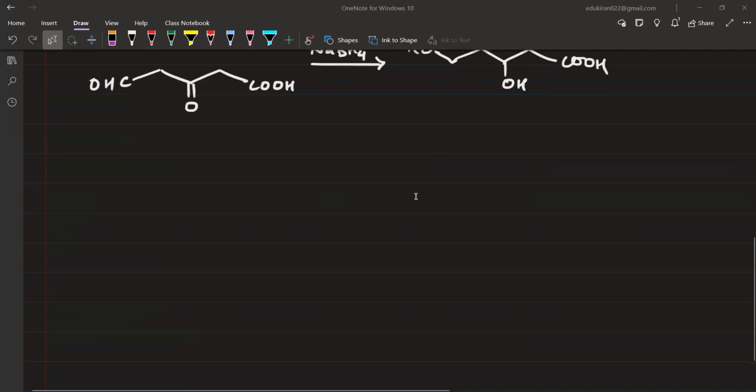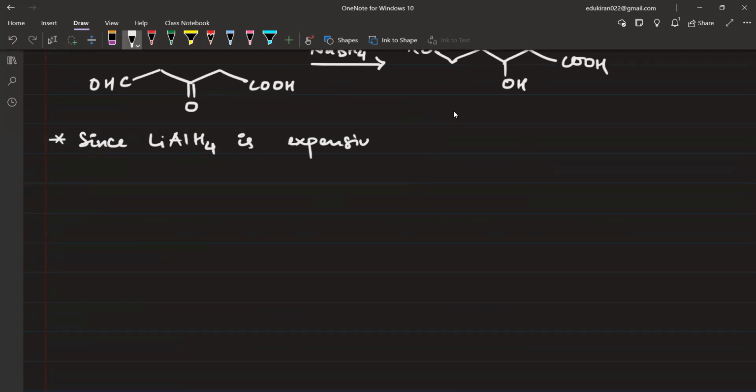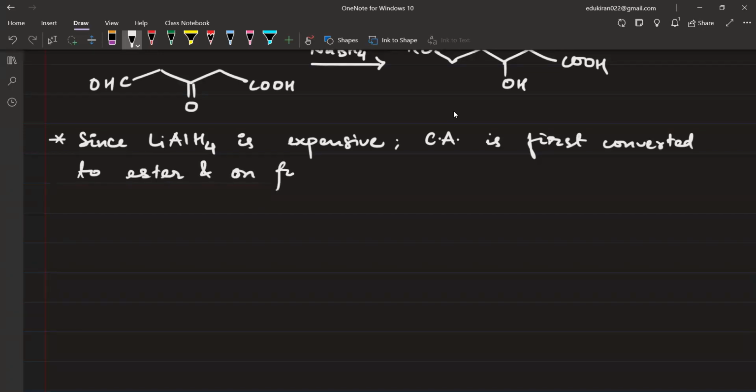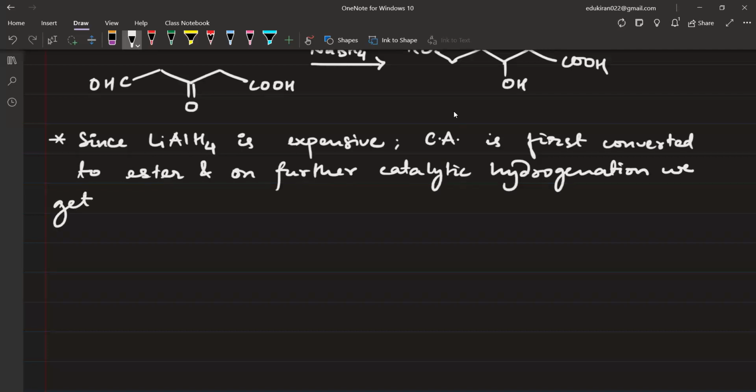Right, next point. Since lithium aluminium hydride is expensive, carboxylic acid is first converted to ester and on further catalytic hydrogenation, we get alcohol.